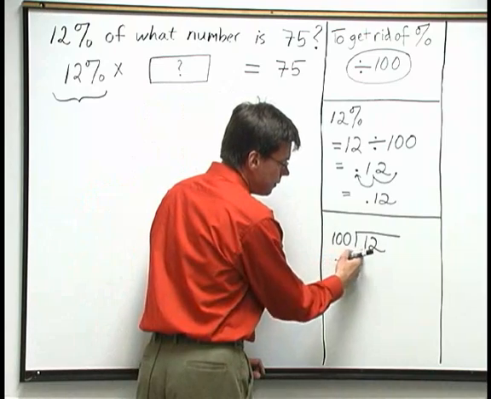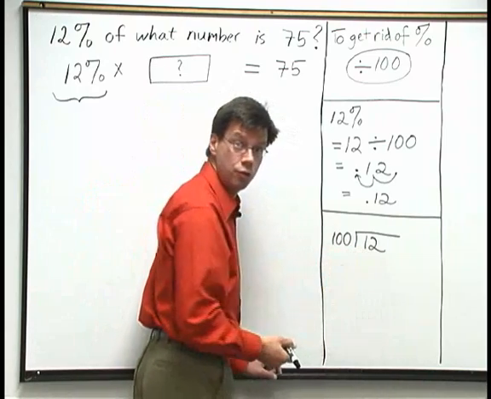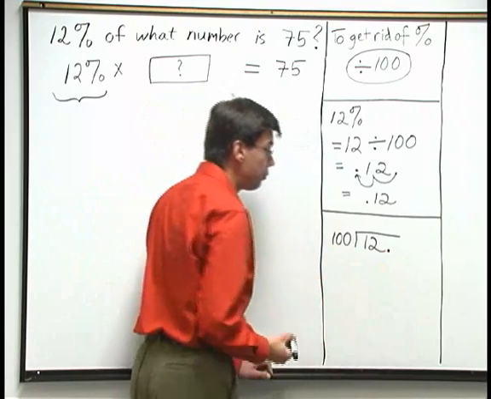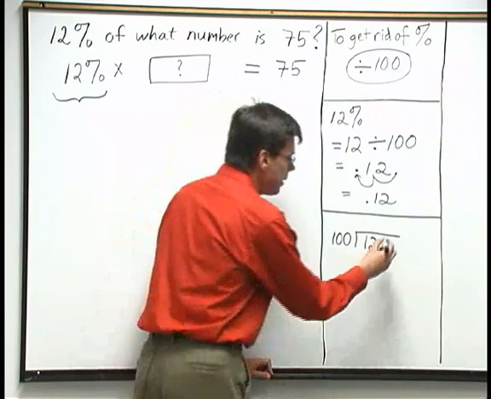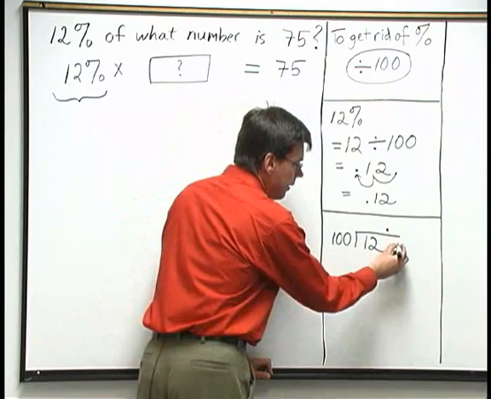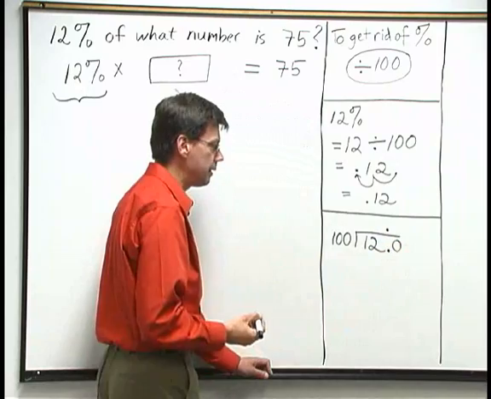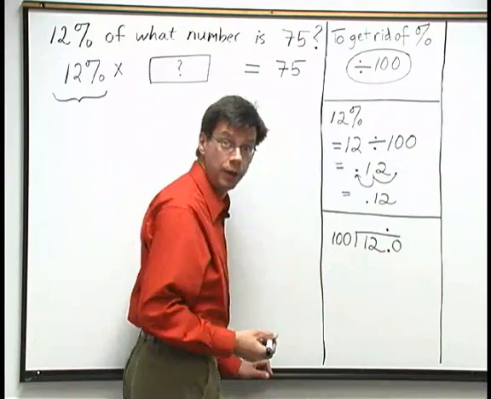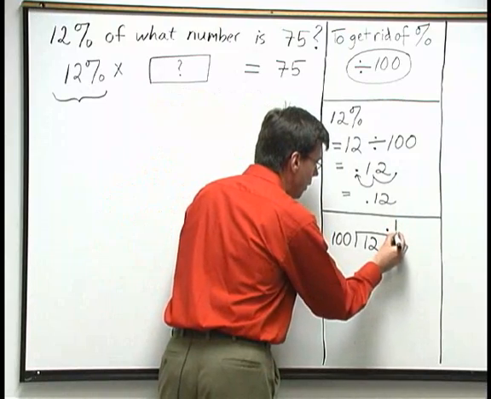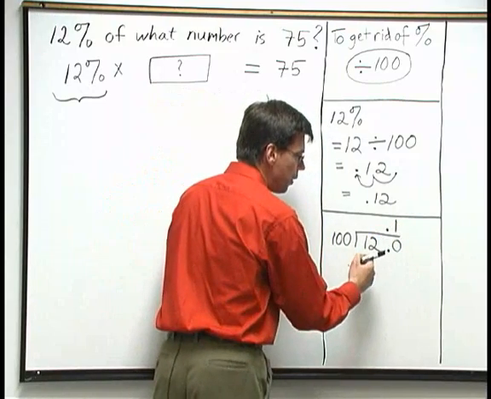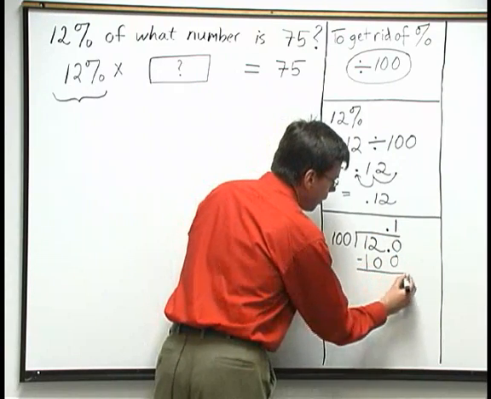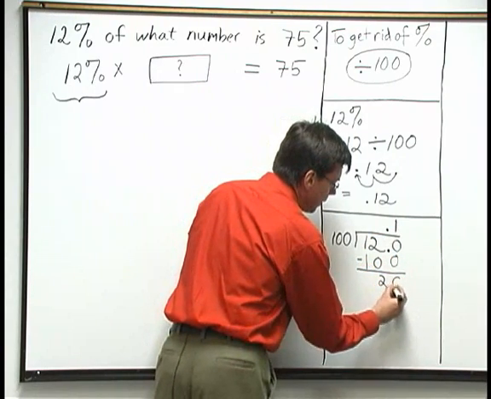Now 100 doesn't go into 1, doesn't go into 12. At that point, I need to put a decimal point inside and also up above in my answer. I can then add a 0 on the end and think about 100 going into 120. It goes one time, so I write a 1 up above to the right of the decimal point. 1 times 100 is 100. 120 minus 100 is 20.